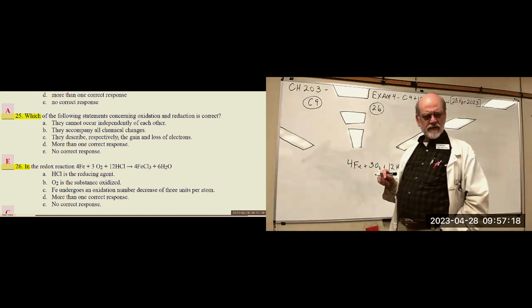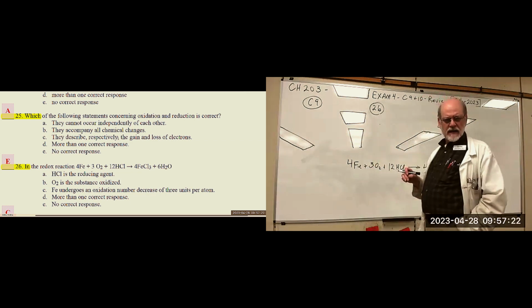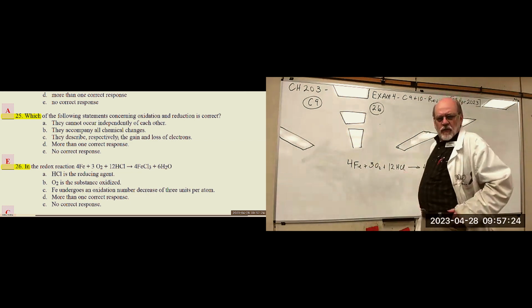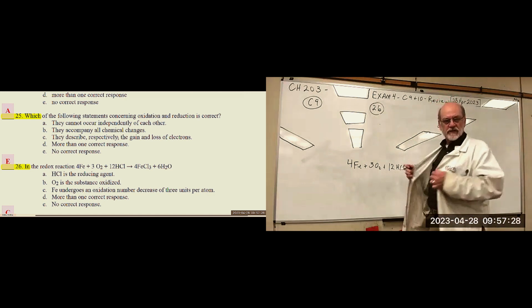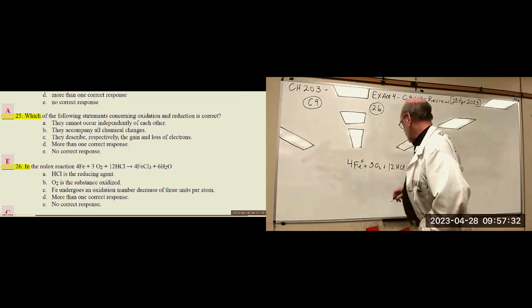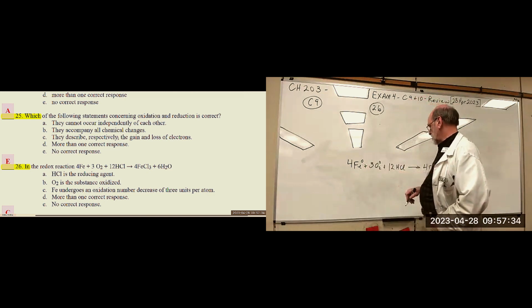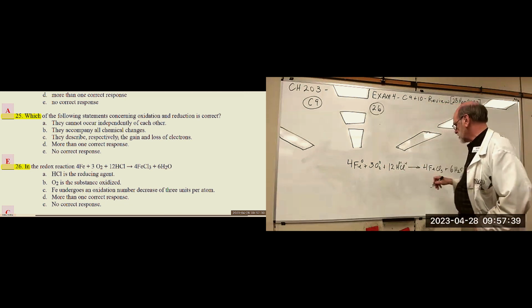So which one of these statements is good? Okay, it's asking for oxidation reduction particulars. All right, so we're going to have to do, that's 0. That's 0. This is +1, -1.